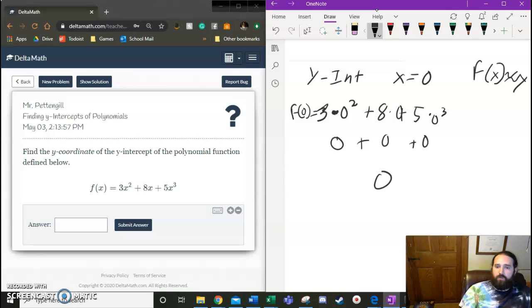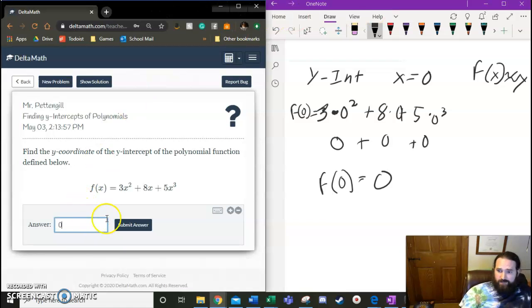The answer is 0. So sometimes, if I don't have a stray number on its own, the answer is 0, and that is perfectly fine. Think about it. If x is 0, y is 0. Where's the line going if a line passes through a place where x and y are 0? Think about it. You can answer it.